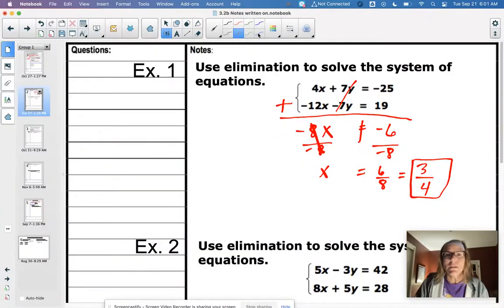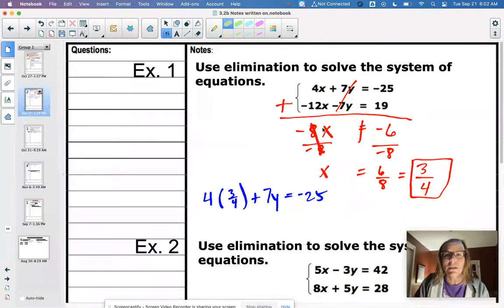So just like we did in the substitution method, to find the y value, we plug the x value into one of the equations. It really doesn't matter which one, but I'm going to pick the first one. So 4, and in place of the x, I'm going to write 3 over 4, plus 7y equals negative 25.